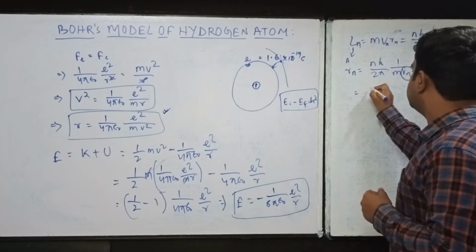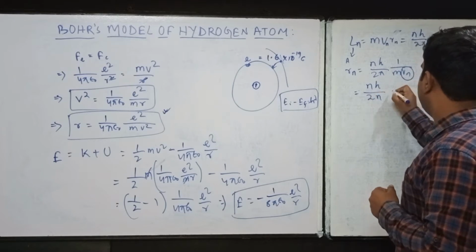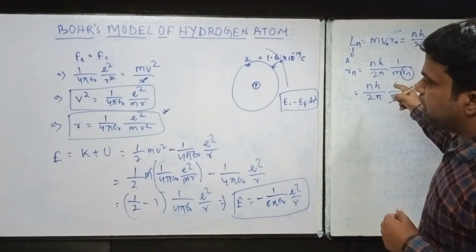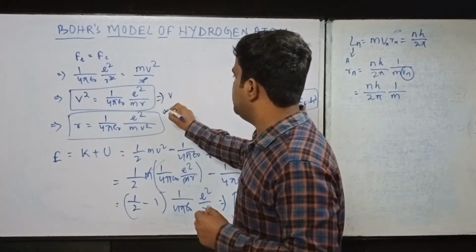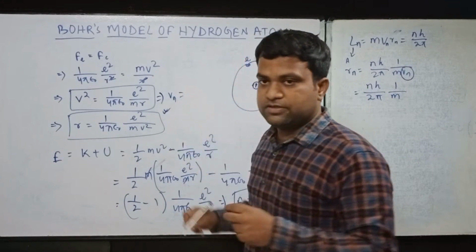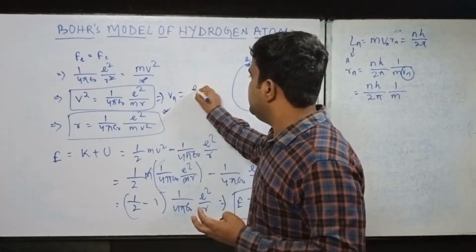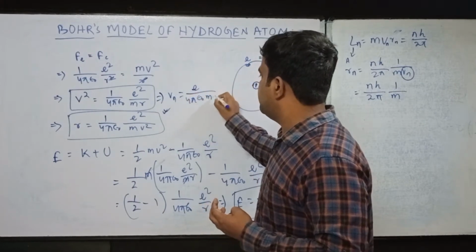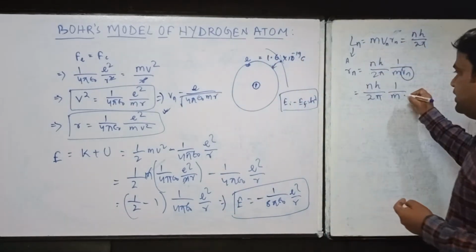So Vn will basically be nh by 2 pi and 1 upon m. This Vn, the velocity of the electron in the nth orbit, will become e upon the root of 4 pi epsilon naught m Rn, right?